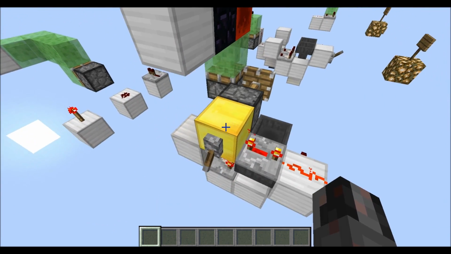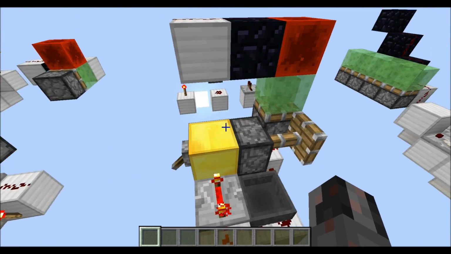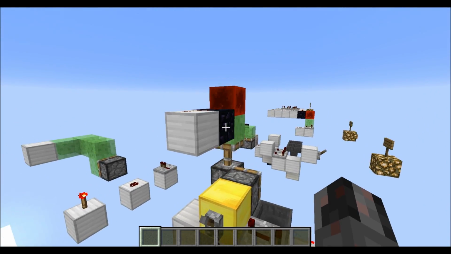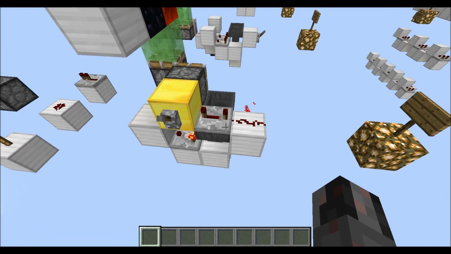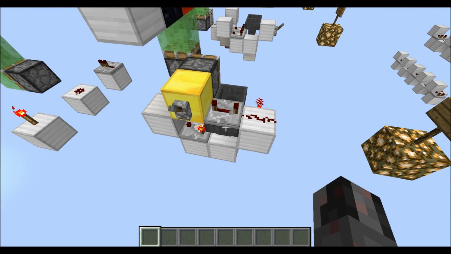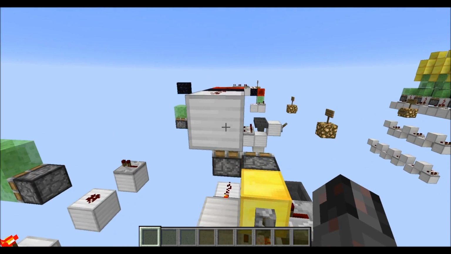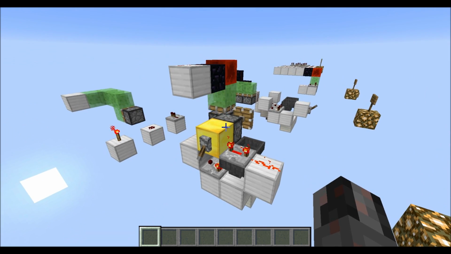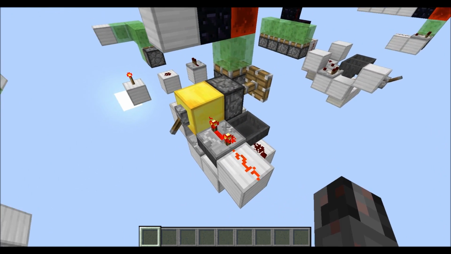So how can you do this? Basically, in this design I went with a simple piston that's updating the entire thing. So as you can see, I just flick the lever here, get the signal, and then shortly after the input of the hoppers here inverts, and we get our changing analog signal and the following pulses. And of course the same thing works in the opposite direction, and that's basically the general idea.